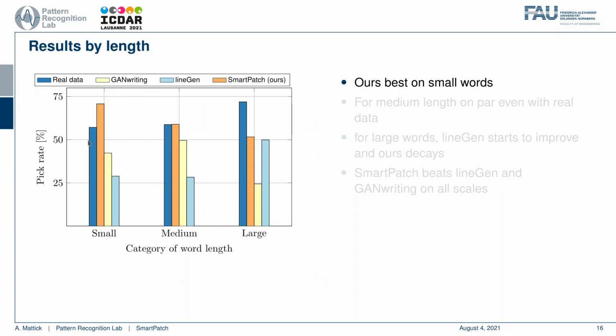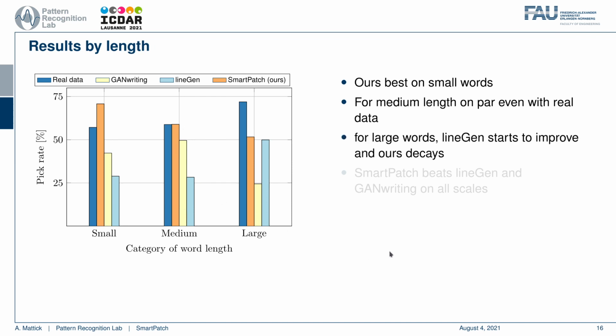These are the absolute numbers of picks based on small, medium, or large words. And as you can see, ours outperforms everything, including real data, on small words. For medium length words, we are on par with real data. And for large words, real data still outperforms everything.